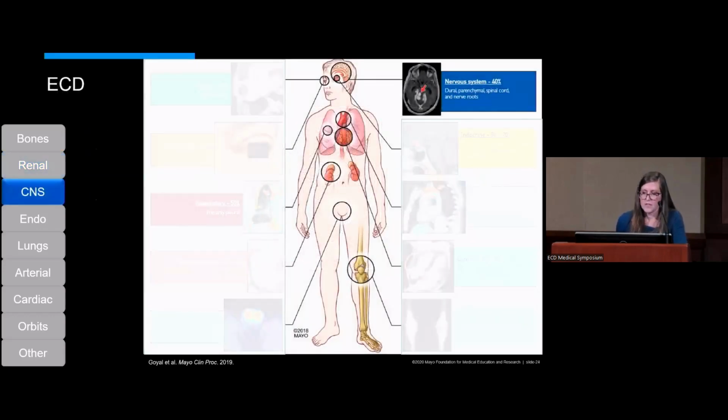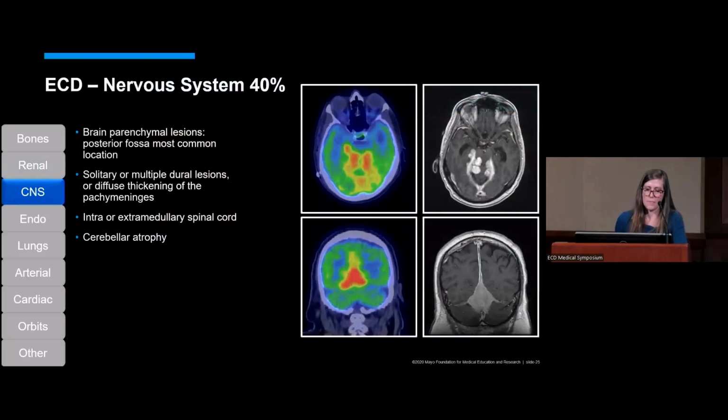So next, moving on to the nervous system. There can be a variety of involvement in the nervous system: parenchymal lesions, most commonly in the posterior fossa; either multiple or solitary dural lesions or just diffuse thickening of the pachymeninges; spinal cord involvement, either intra or extramedullary; and then neurodegenerative changes or atrophy as well.